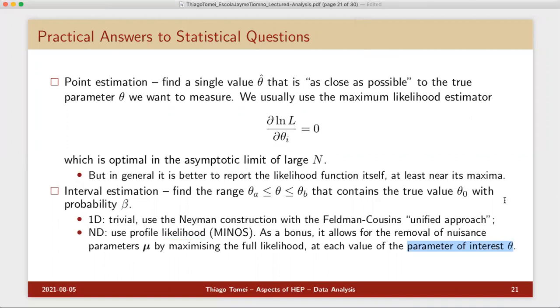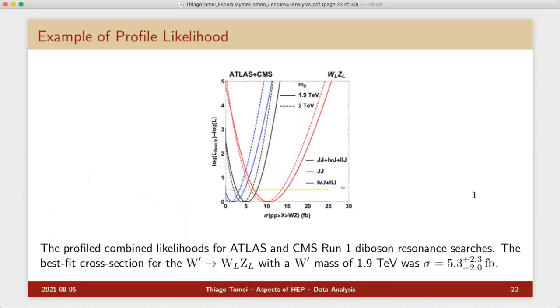Thiago, I don't understand, what are parameters that I care about? For instance, one of the parameters that I care about could be the cross-section for a new physics process.